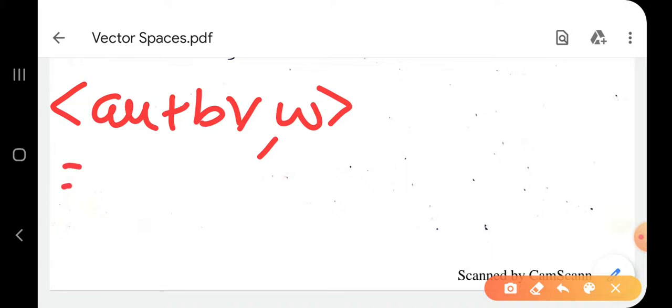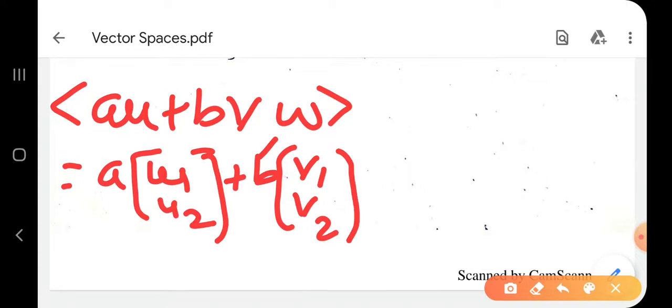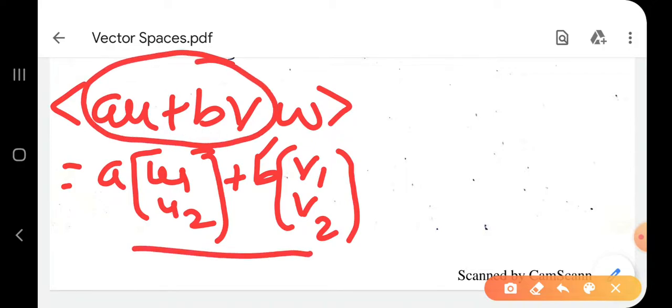So here I get a times (u1, u2) plus b times (v1, v2), this term is a u plus b v, and w is (w1, w2).